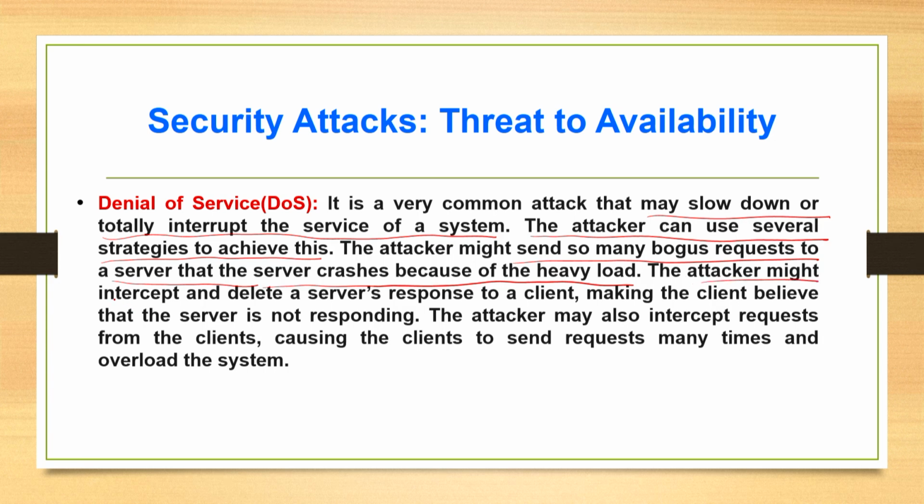The attacker might intercept and delete a server's response to a client, making the client believe that the service is not responding. The attacker may also intercept requests from the clients, causing the client to send requests many times and overload the system. So, these are the threats to confidentiality, integrity and availability, the security goals.